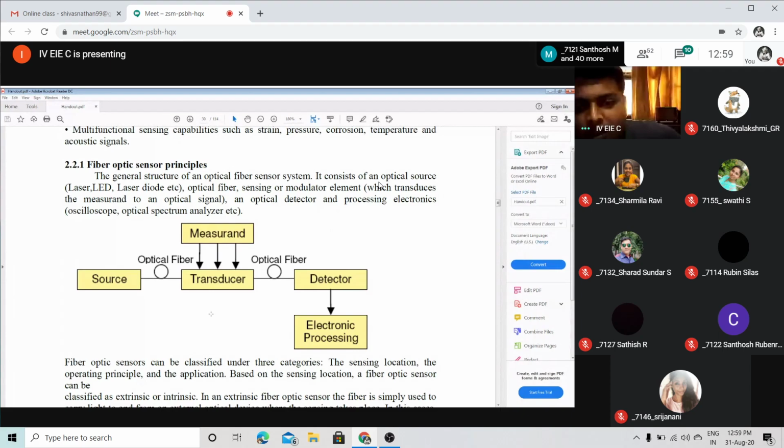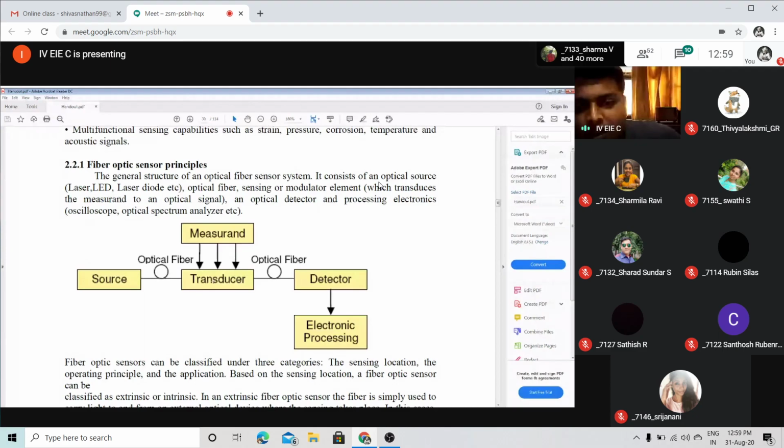This diagram is especially for the extrinsic type because the process variable being measured is not going to impact the optical fiber or the light that is carried forward. It simply makes a measurement over my transducer. The transducer performs the sensing here, and it transmits my data via optical fiber.